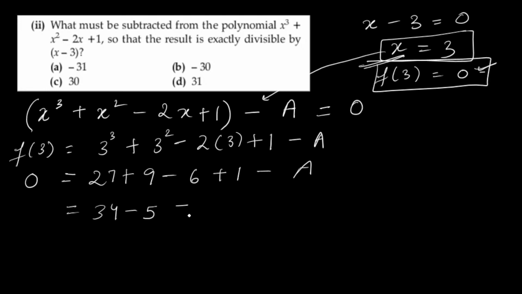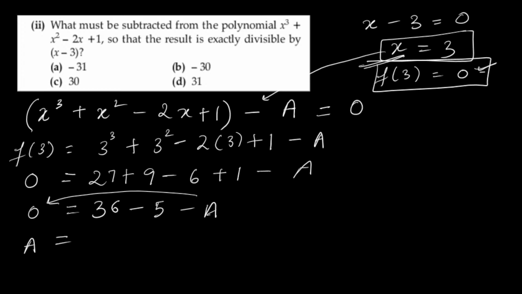27 plus 9 is 36. 36 minus 5 minus a. So a will just shift to the other side, so this will become plus a because 0 plus a. 36 minus 5 is 31.